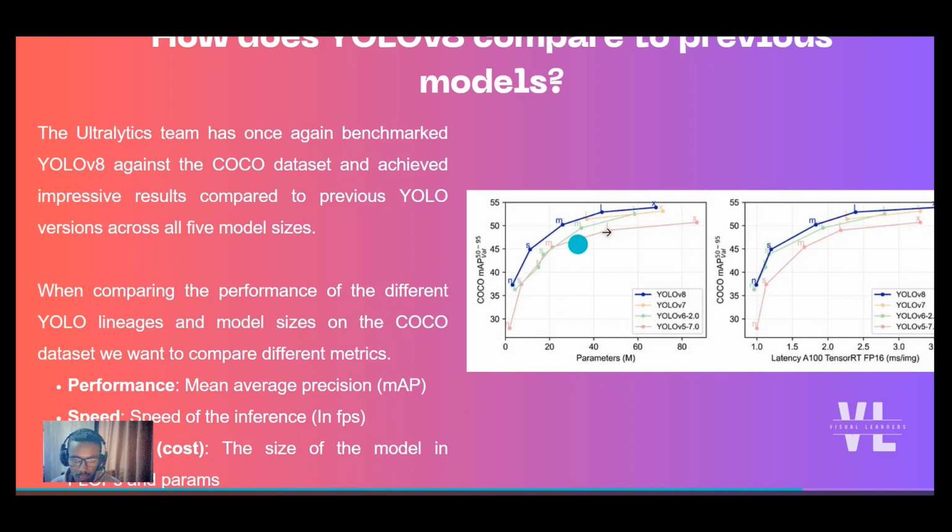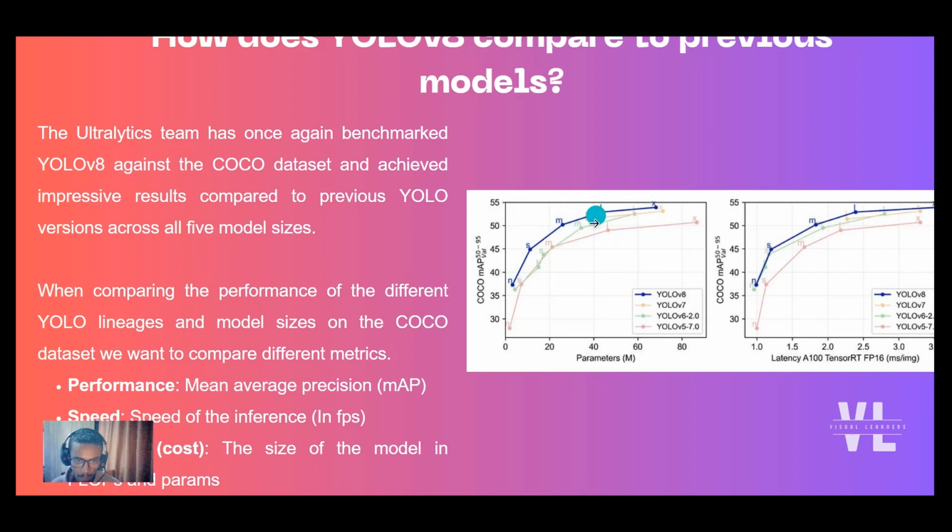Here you can see the YOLO V8 model outperforms all of the previous models. The orange line indicates YOLO V7, the green line YOLO V6, and the red line YOLO V5. And you can also see that on the x-axis, the number of parameters is actually lower than the previous models, and on the y-axis, we can see that the mean average precision is higher.